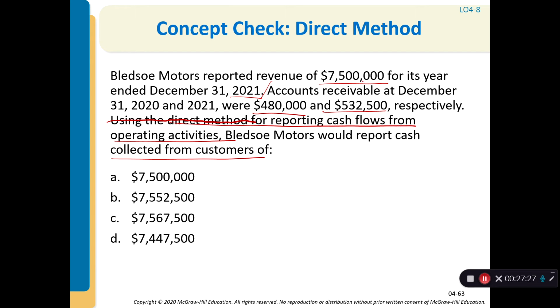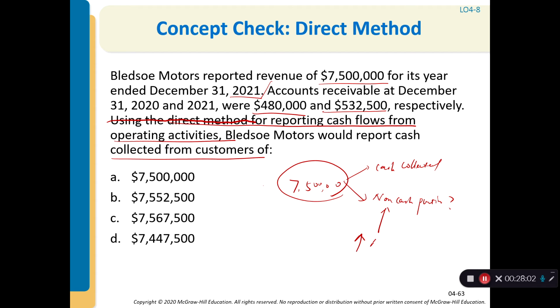It should be how do we figure out how much cash was collected from customers for this company, right? So we know that the revenue is 7,500,000, right? But this revenue has a cash collected portion and a non-cash portion, right? So how do we calculate the non-cash portion? The non-cash portion is related to the increase of accounts receivable, right?